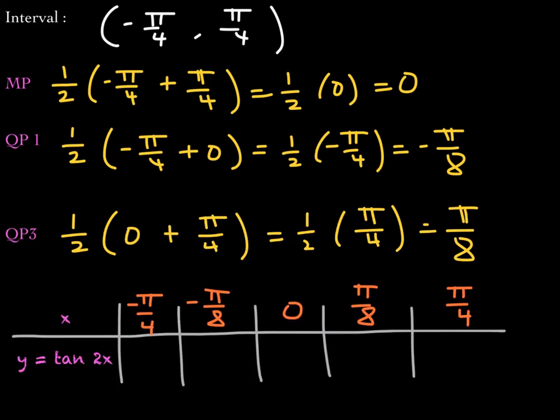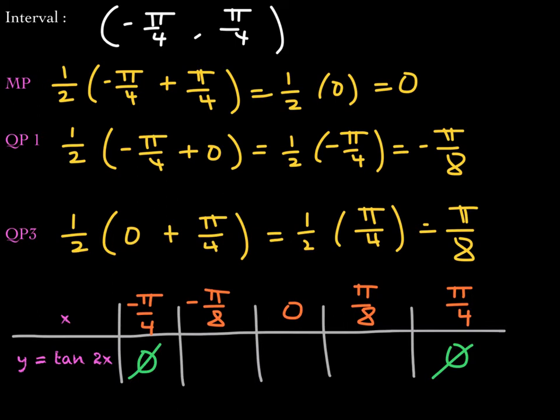All right, I have my table of values ready to go. When I plug in the left endpoint, negative pi over 4, and when I plug in the right endpoint, which is positive pi over 4, do not forget, please, that these are where your vertical asymptotes are, that we already figured out.